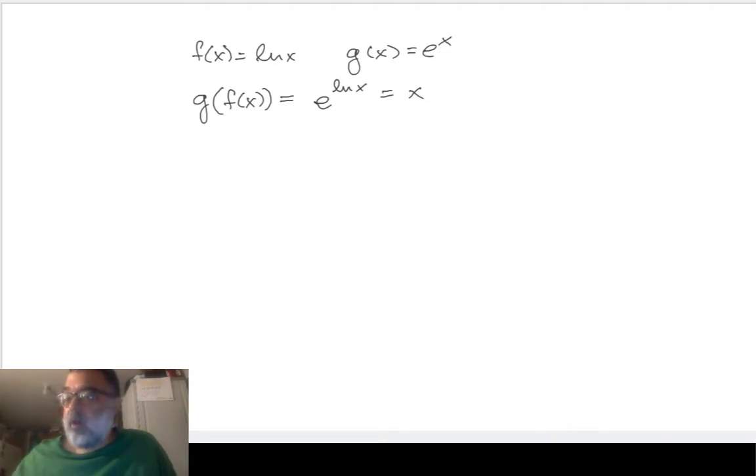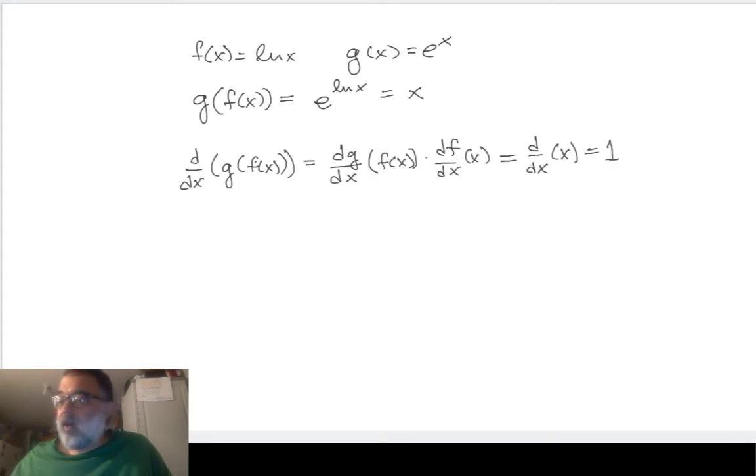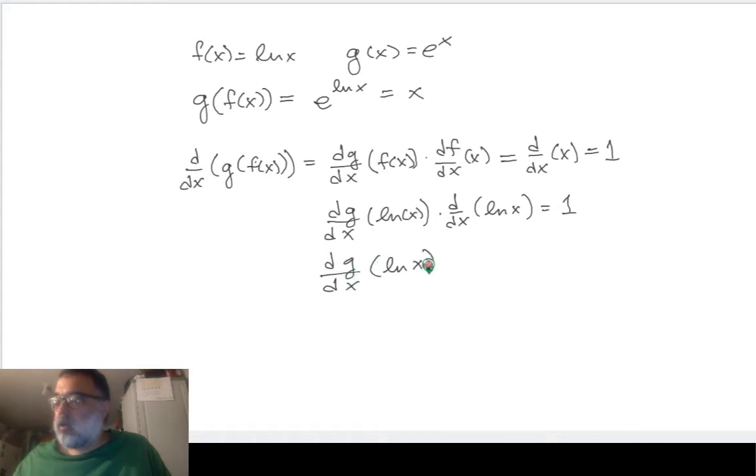So if we want to take the derivative of this, so f of x was this ln of x, the natural log of x. So we're saying that when we put the natural log in here, when we evaluate that in the derivative of e to the x, the derivative of natural log, if we're to believe what was on the previous slide, is 1 over x.